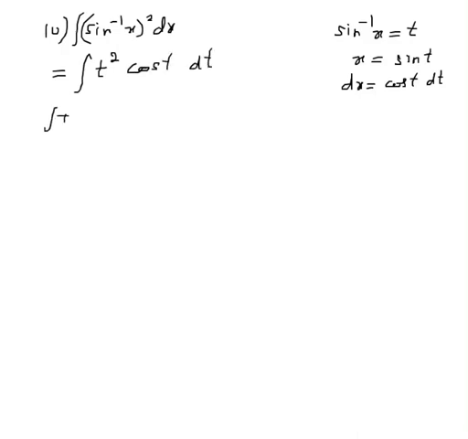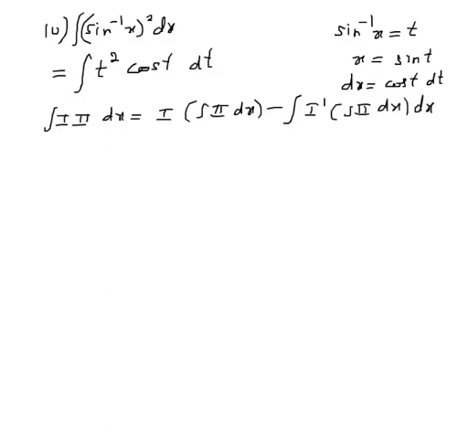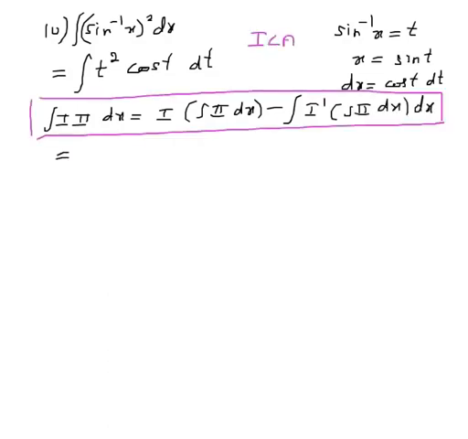Now let us use the by parts formula. First function into integral of the second function minus integral of differential of the first function into integral of the second function dx. In ILATE, t square is algebraic and cos is trigonometric.